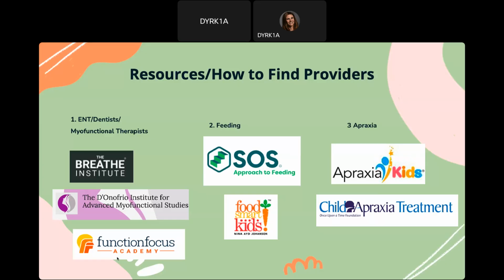And then there's not really any registries for ENTs, dentists, or myofunctional therapists, but these are some training groups that are more vetted. So you might ask, what additional training have you done for myofunctional therapy, or what additional continuing education have you done in dysarthria? And they might relate to one of these courses.